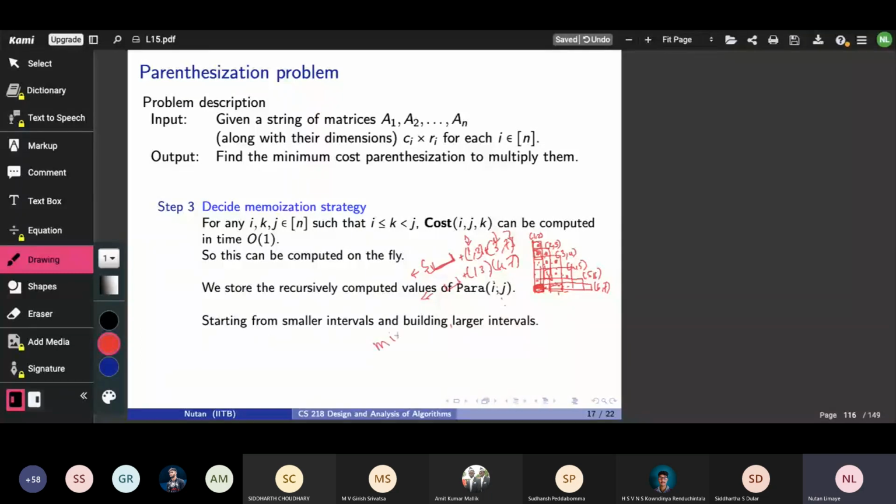Then I'll take the min of these. And that value will be put inside this cell. But finally, the memoization is just saying what table I store. And I'm saying that we store this table that is shown here. Often you will see in textbooks and so on, they always show such a picture for memoization.